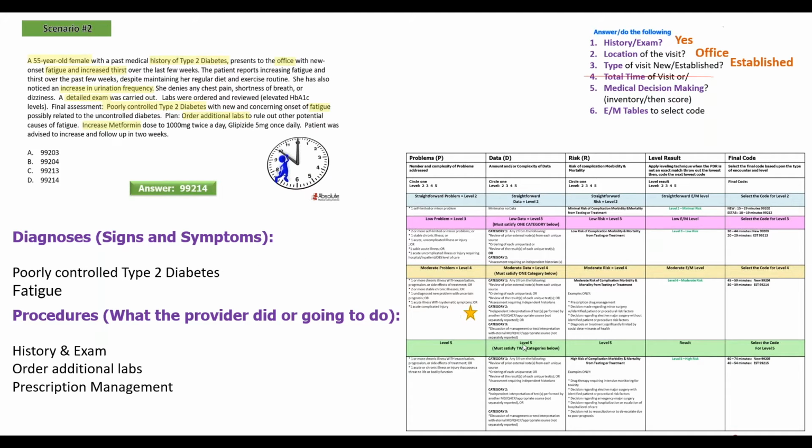So let's see where it falls in the problem column. Now this falls under moderate, and I would take it as one or more chronic illness with exacerbation, progression, or side effects of the treatment. Do you agree, coders? Do you agree with me?